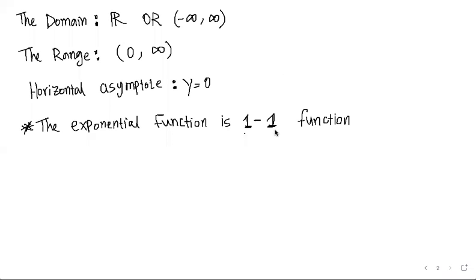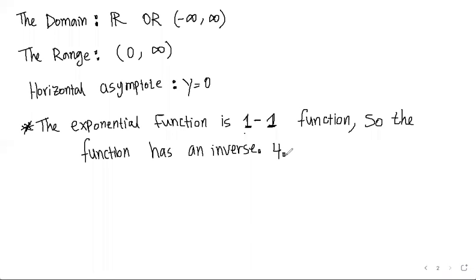If the function is 1 to 1, this means it has an inverse. The inverse for this function I'm going to go over in section 4.3.